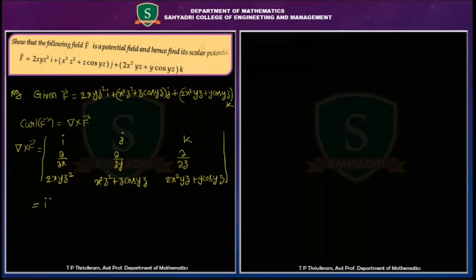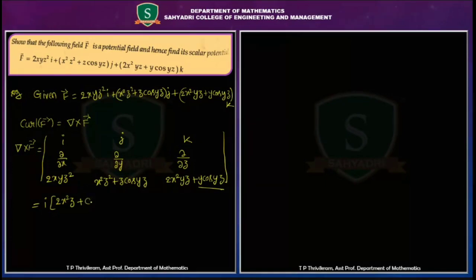This one is equal to i into, can you differentiate it and directly tell the answer? 2x square z plus, it is a double term, that means y into cos yz. So in both the functions y is there, so I have to apply product rule here.